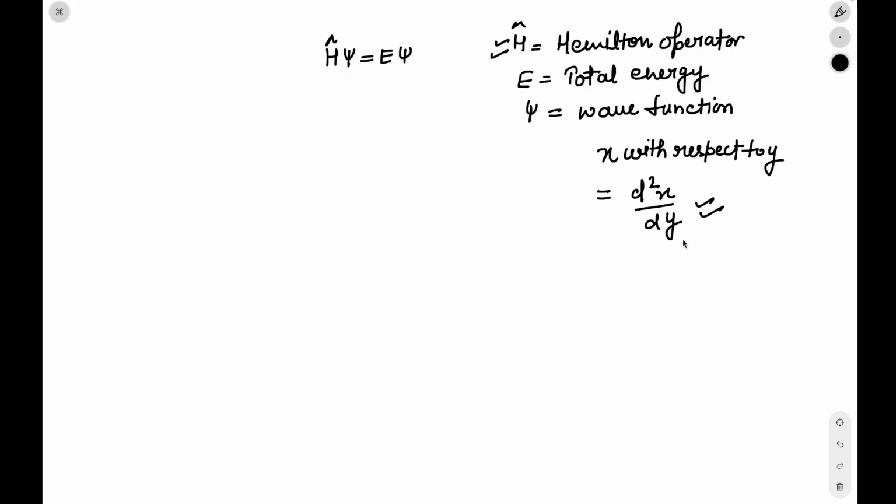If we want partial differentiation, then we use Hamilton operator. It does double differentiation of psi.